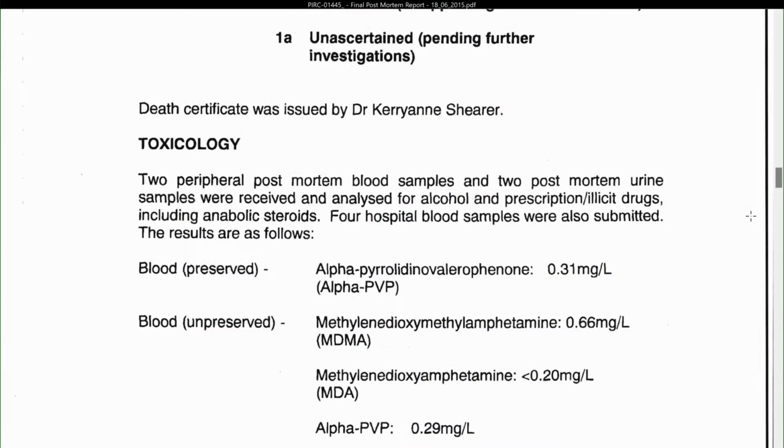And I wonder if you could just summarise what were the results of the toxicology, please. The toxicology showed in hospital blood and in post-mortem blood two different drugs, the alpha PVP and the MDMA, or ecstasy is how they would normally be known.